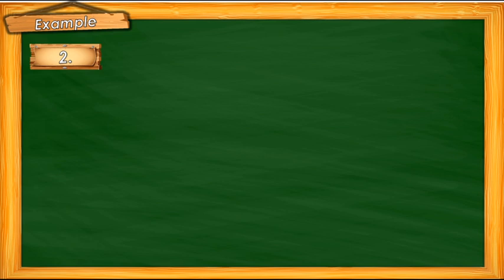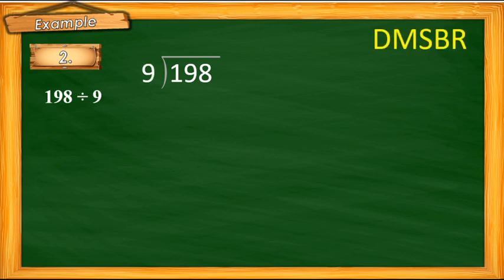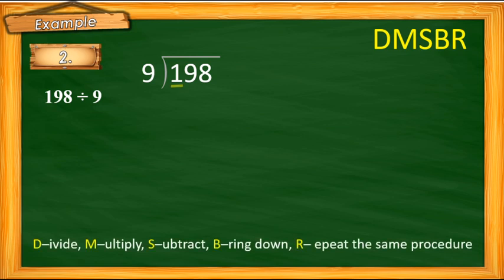Okay, next, example number 2. 198 divided by 9. Again, 198 is inside the long division bar, and then 9 is outside the long division bar, using the DMSBR rule. So 1 divided by 9 cannot be, so using the 2-digit number, 19 divided by 9 is 2, and then 2 multiplied by 9, the product would be 18.